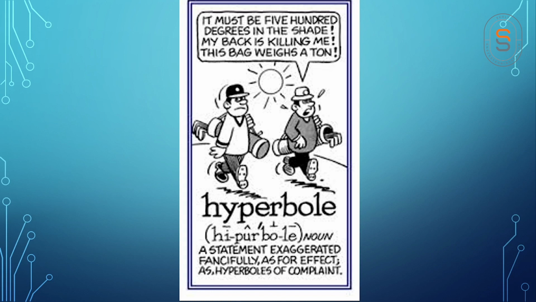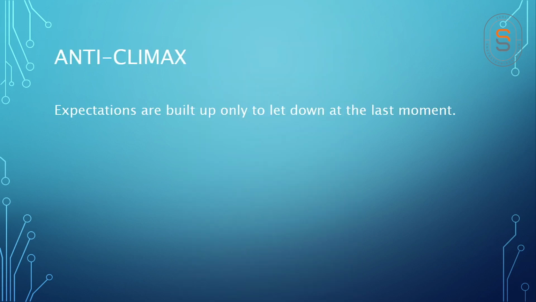In other words, the bag is really heavy. So in this one speech bubble, he used three over-exaggerations to a ridiculous point. It's not 500 degrees. He's not dying from back pain, and the bag definitely does not weigh a ton. It's only very heavy. The next one that we see is anticlimax.